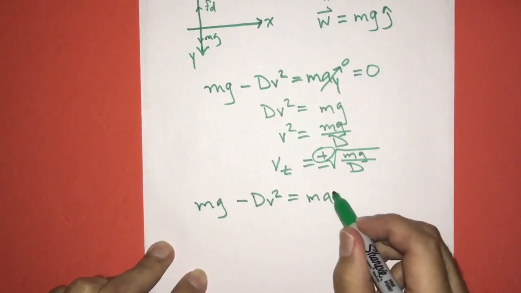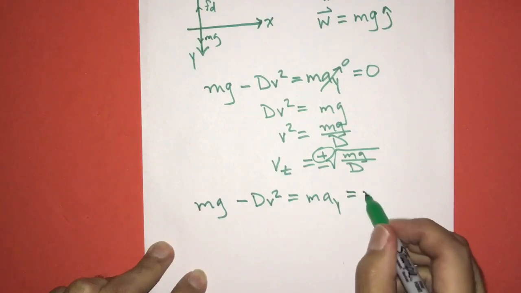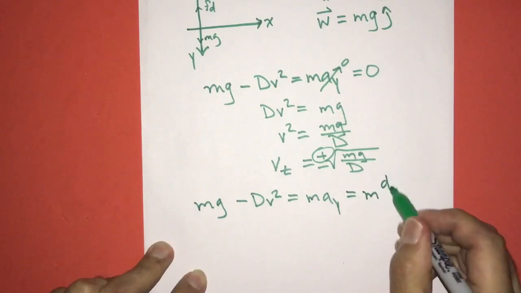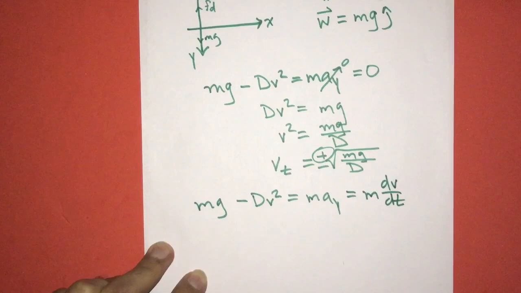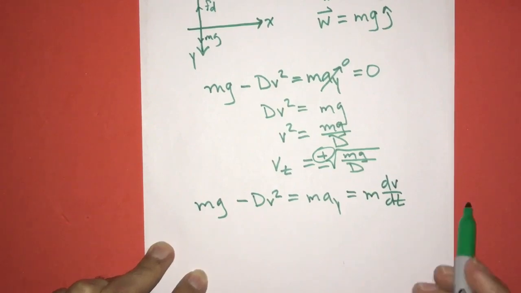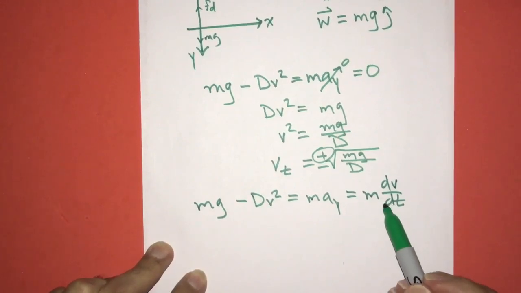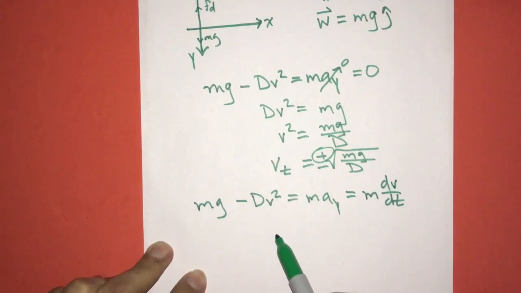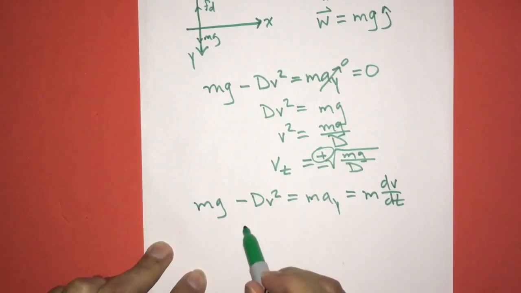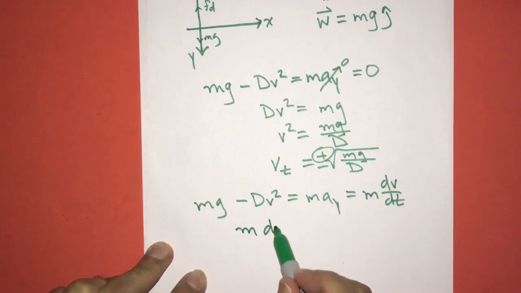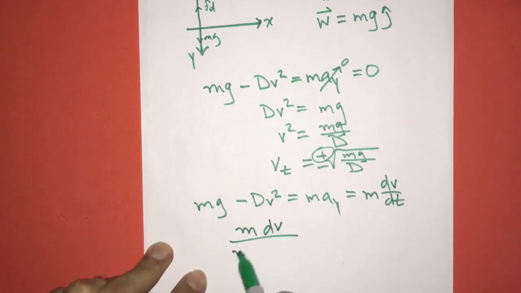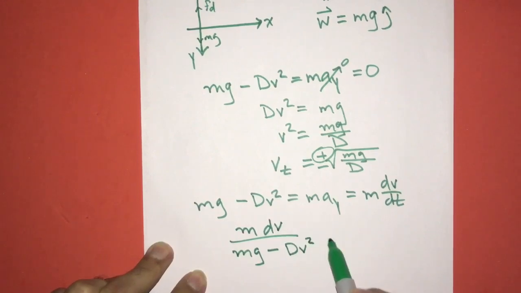We're going to rewrite this as dv/dt. We want to get all the v's on one side and all the t's on the other side. So if we play around with this a little bit, we get m dv divided by mg minus dv squared equals dt.